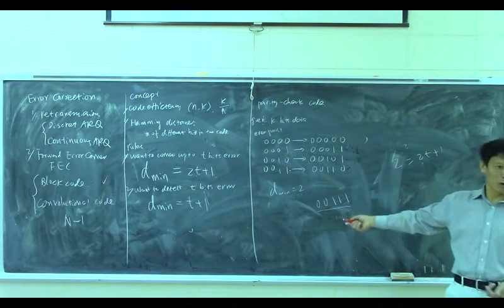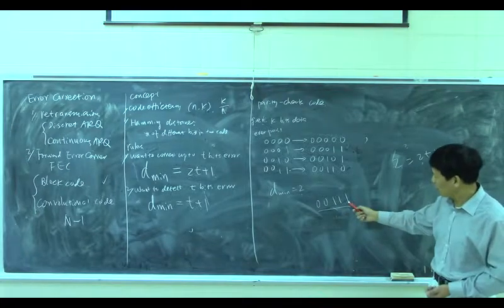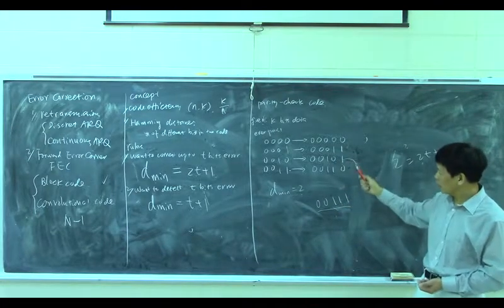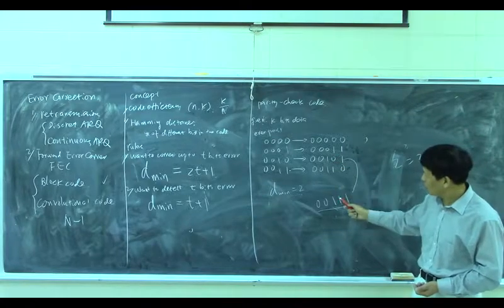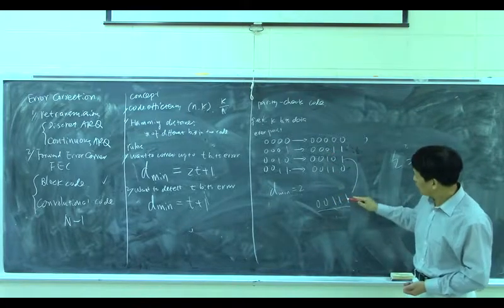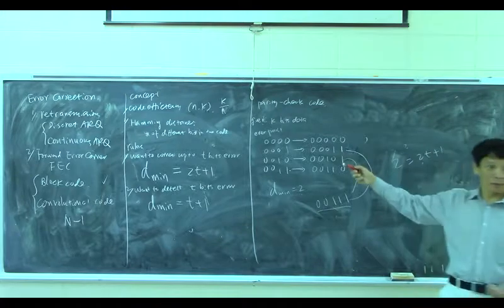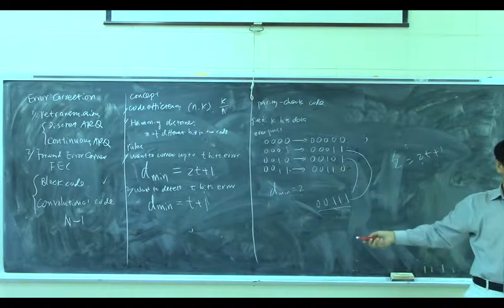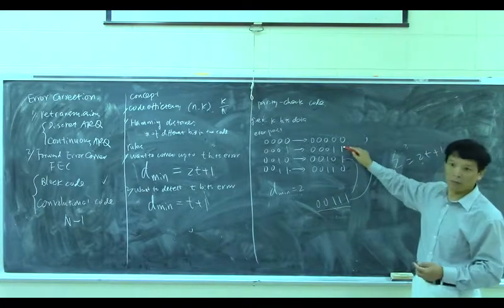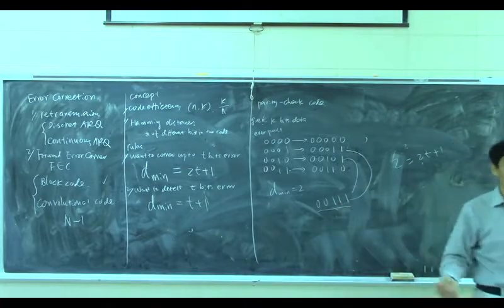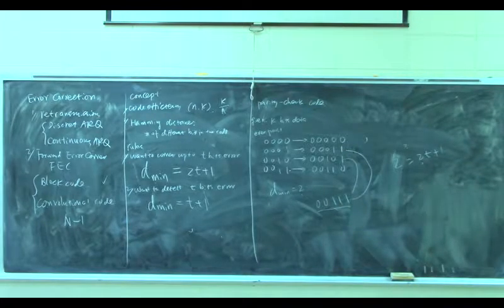How do you know which one is wrong? Maybe this one is wrong, right? Maybe this one is wrong. Maybe this one is good. Maybe this one is wrong here, right? Does it make sense? So even if there's 1 bit of error, it can be this, can be this, can be this. So you cannot decide which one it is. You cannot correct it.